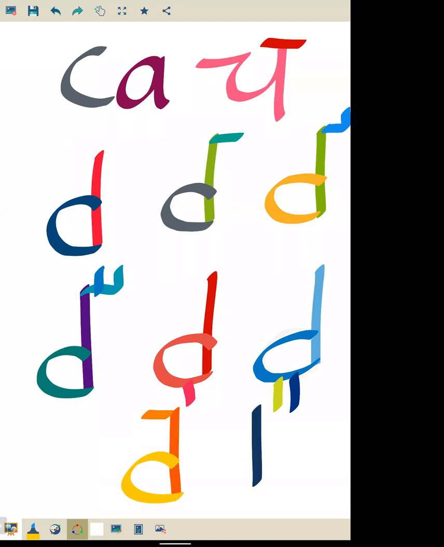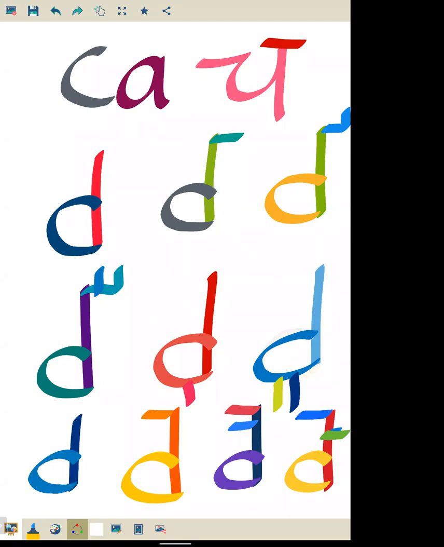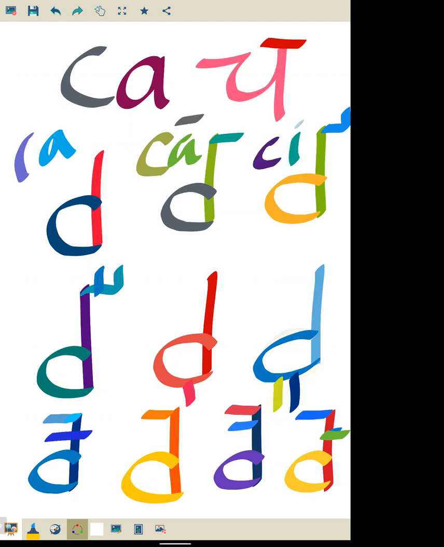Che, chai, cho, same logic, and chau. Even though the order is not the same style, this is cha, this is chi with long e, chi. Chu, this is long u.